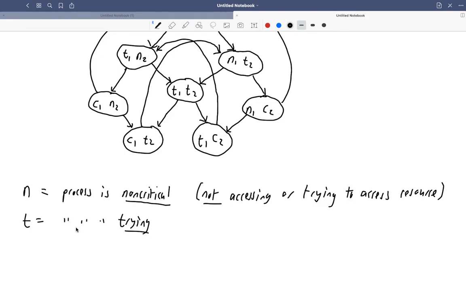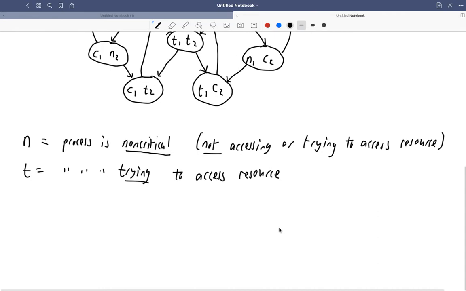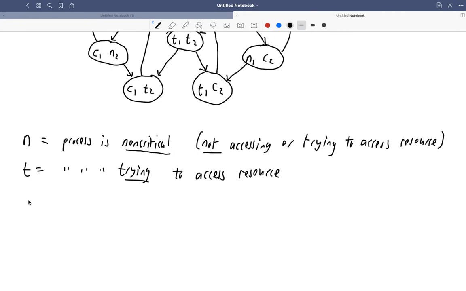These ditto marks, as we call them, mean that we're copying from above. So the process is trying to access the resource. I'm not writing the articles because I want to save myself too much writing on this awkward tablet. And finally, C is that the process is critical. So it is accessing.